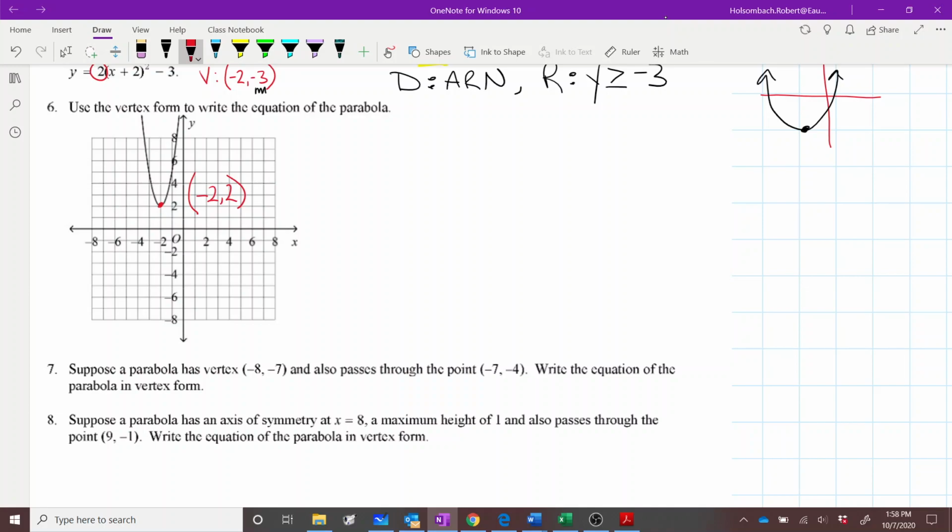The other thing that we have to identify on this graph is a distinct point. And I see one distinct point and a second distinct point. And this distinct point right here I'm going to use. This distinct point is -3, 5.